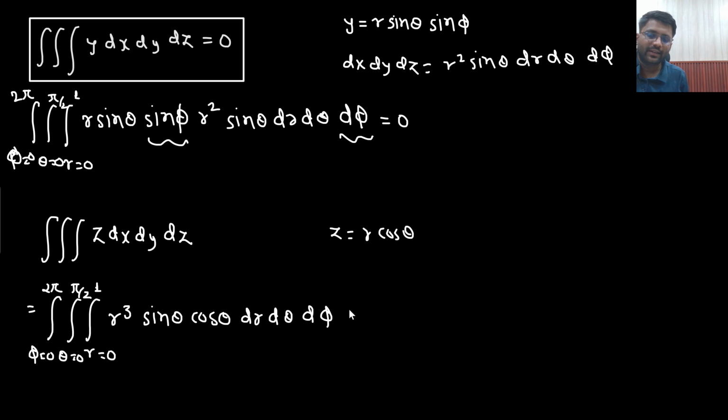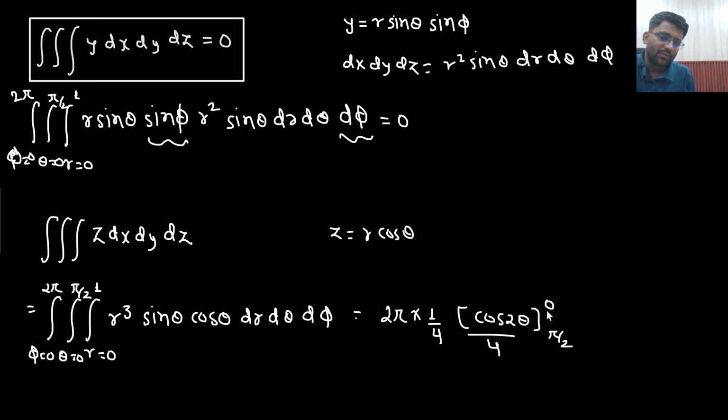Okay, so you can take the limit of phi, which will be 2 pi only. The r cube integral becomes r to the power 4 by 4, that will be 1 by 4, and then you solve, sin theta cos theta becomes sin 2 theta divided by 2. What answer will you get? The integration of sin 2 theta is cos 2 theta with the negative sign, divided by 4, with the limit going from 0 to pi by 2.